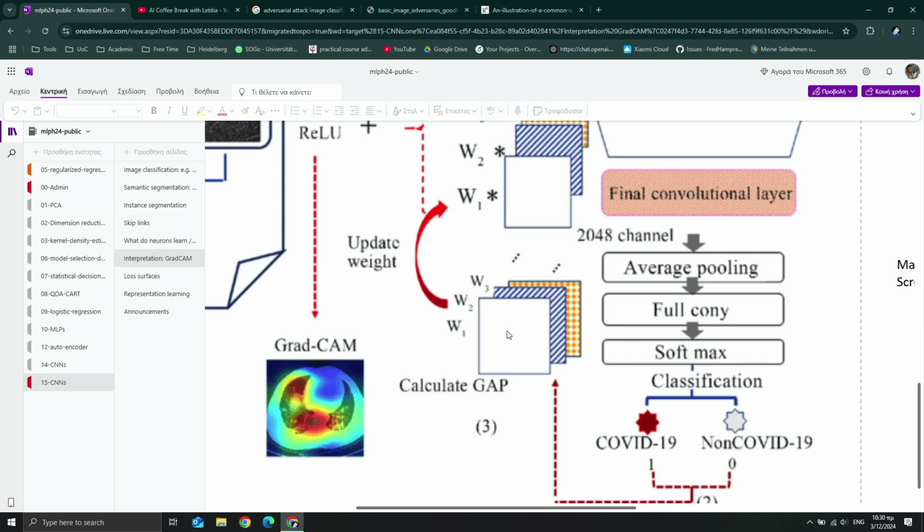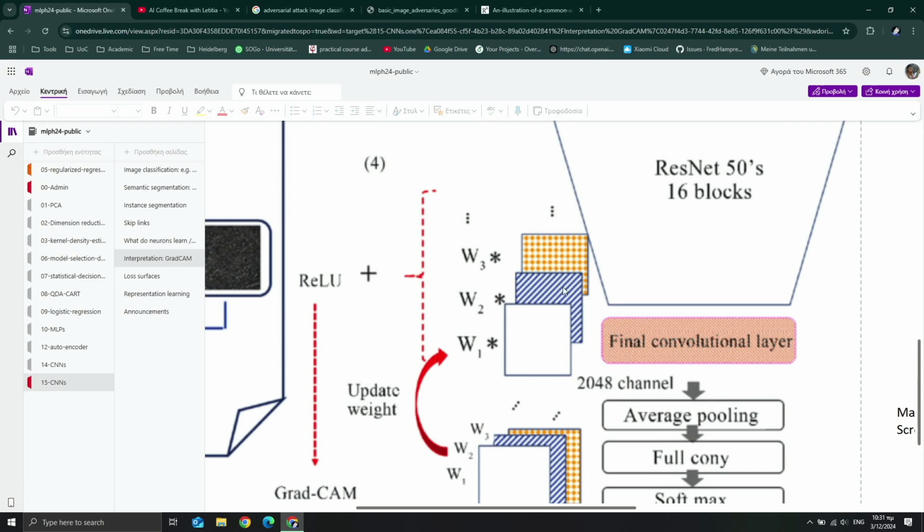And then these activations or these derivatives are simply added up. So that's missing here. This thing just added up gives W1, and that thing added up gives W2. So we turn an image into a scalar. And then these scalars are multiplied pixel-wise with the activation maps, and the result is added up.